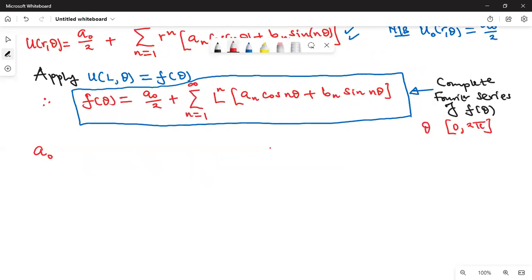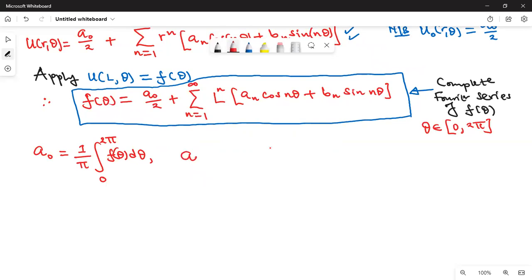So theta is a member of that interval from 0 to 2 pi. So here a naught will be 1 over pi, the integral from 0 to 2 pi of f of theta d theta. That's a naught.